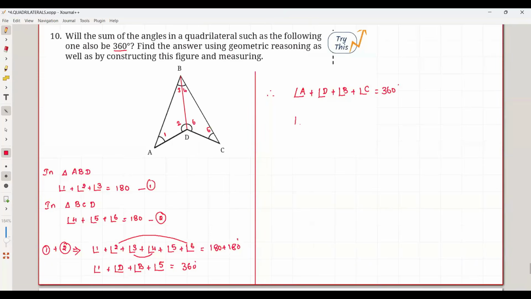So write it in order: angle A plus angle B plus angle C plus angle D is equal to 360 degrees. The sum of the 4 angles of a quadrilateral is 360 degrees. This is nothing but the angle sum property of a quadrilateral. They asked us to prove this, so we have given the proof. We just made two triangles and used the angle sum property of a triangle to get the angle sum property of a quadrilateral.